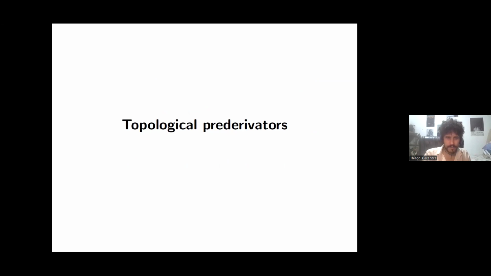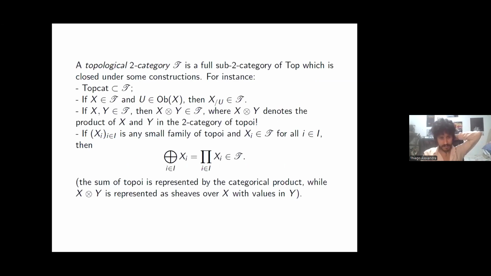Now, okay, so topological prederivators. Topological prederivators are actually defined in what I call topological two-categories. These are full sub two-categories of Top, which is the two-category of toposes, and closed under some constructions.